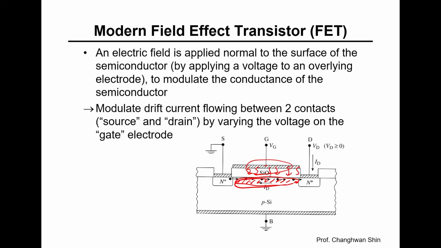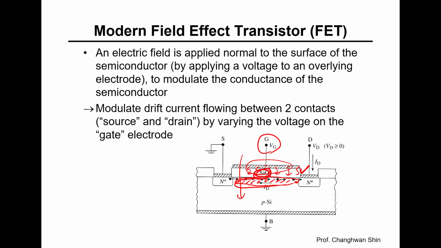More specifically, an electric field is applied, as I told you, perpendicular to the surface of the semiconductor by applying what? Yeah, a gate voltage on an electrode above the semiconductor, separated by an insulating oxide layer.